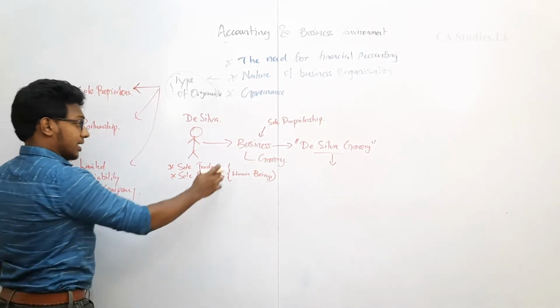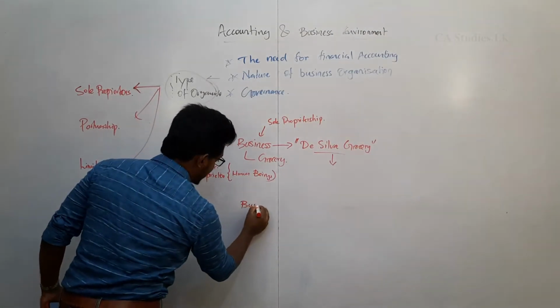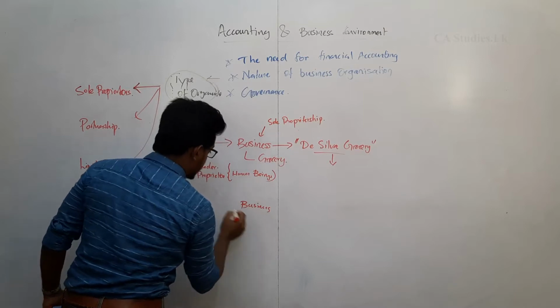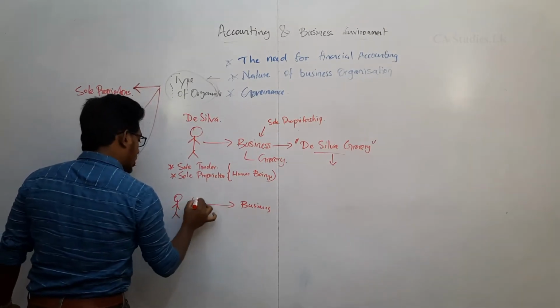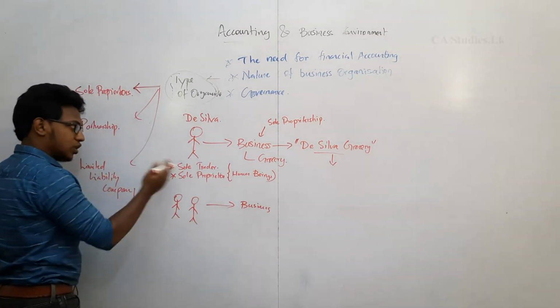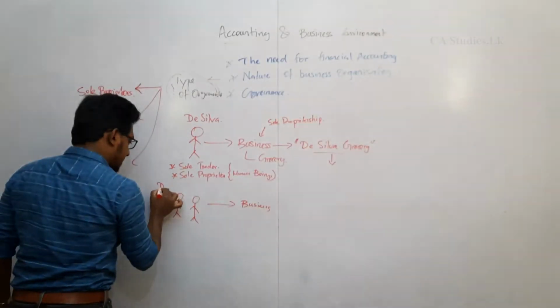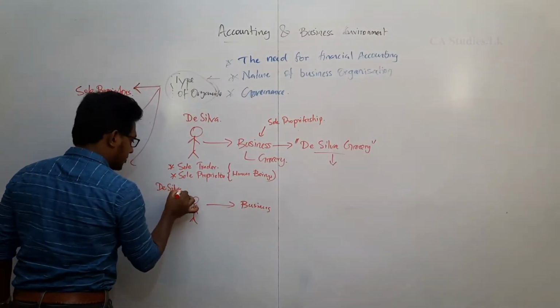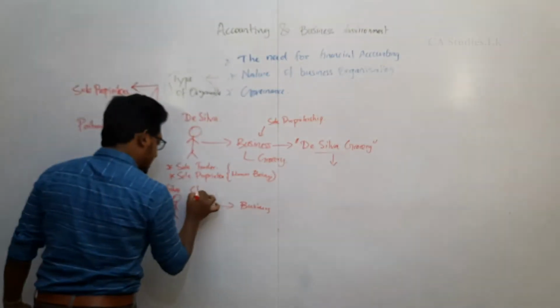Say this business, I take separately, is run by and owned by two persons. Another person comes and joins him and does the business. So say first person's name is D Silva, second person's name is, say, Chamara.